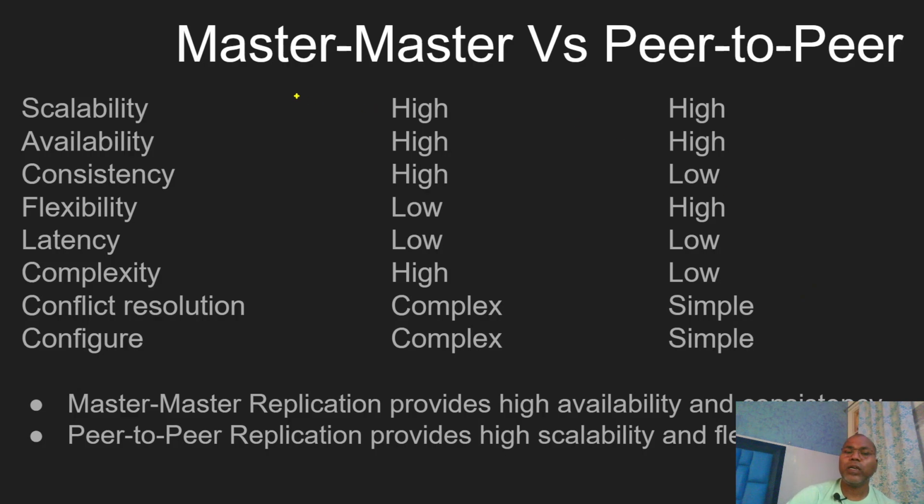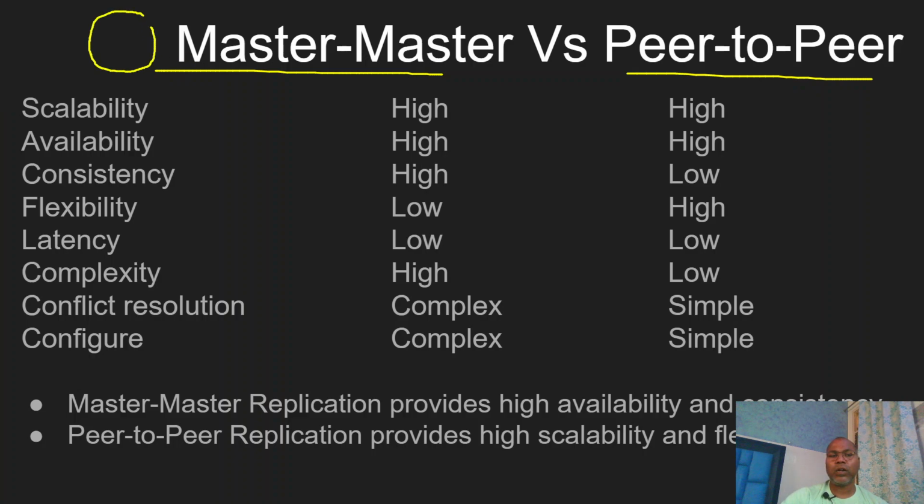So let's talk about some points. If you are designing master-to-master or peer-to-peer, master-to-master is generally used for all kinds of financial transactions, and peer-to-peer is basically used for big data analytics, real-time analytics, and IoT data processing, where peer-to-peer replicas are generally used. Scalability: both databases provide very high. Availability: both architectures provide very high.